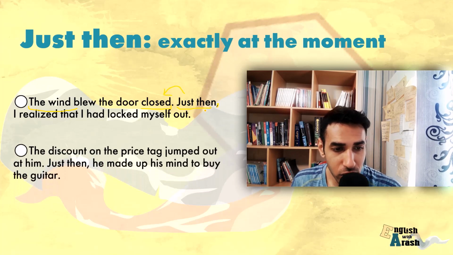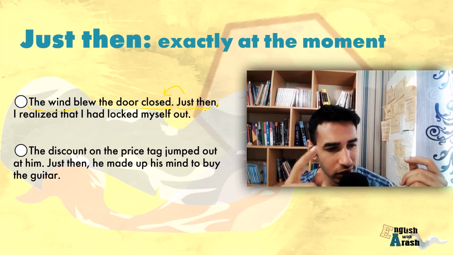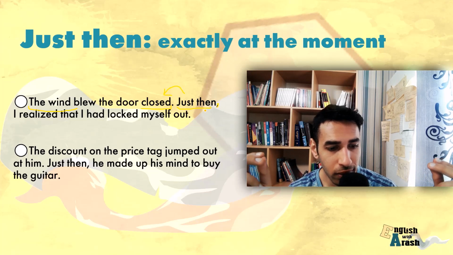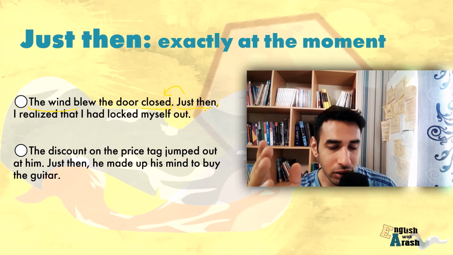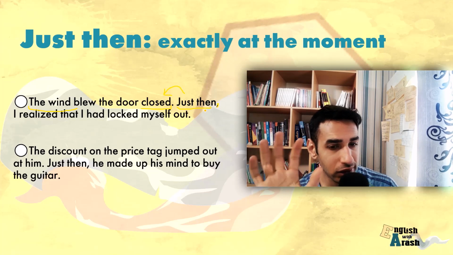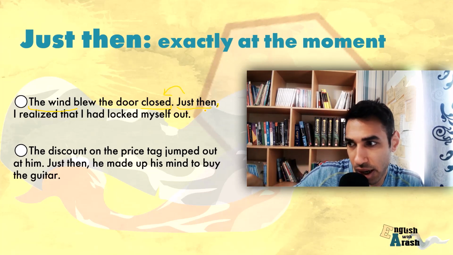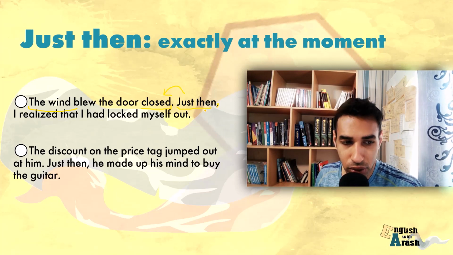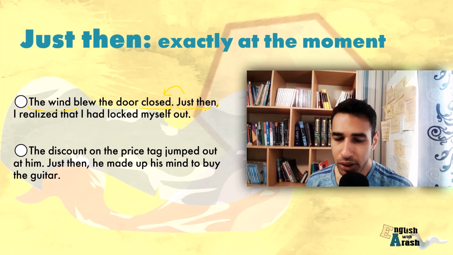"The discount on the price tag jumped out at him. Just then, he made up his mind to buy the guitar." The discount on the price tag suddenly got his attention. He suddenly looked at the price tag and said, oh, this is a great discount. Just then, exactly at that moment, he made up his mind to buy the guitar.